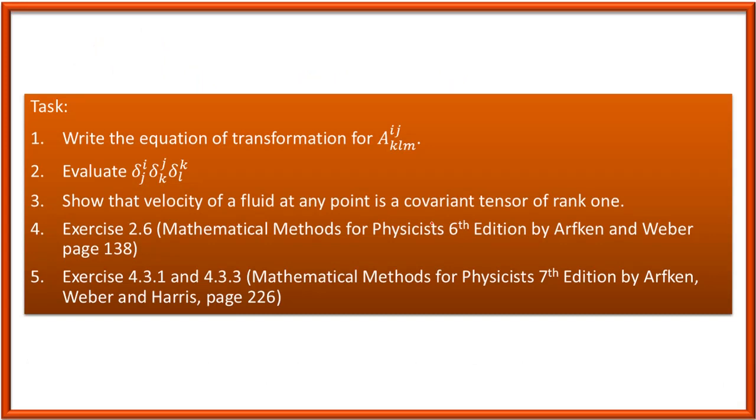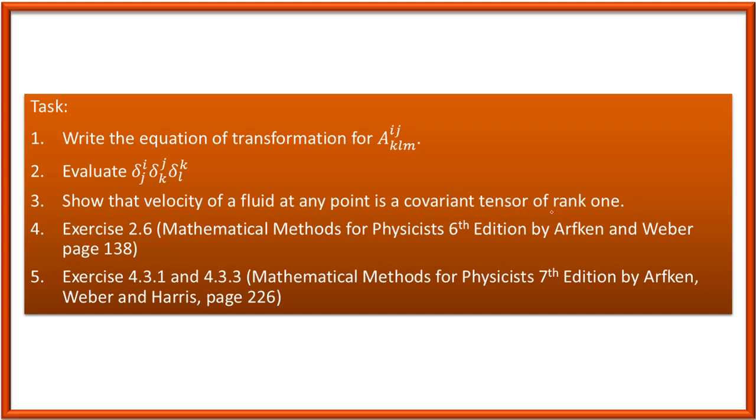Now for your practice, please try the following equations. Write the transformation of this given tensor. This is a mixed tensor. Evaluate these delta functions. Now show that the velocity of a fluid at any point is a covariant tensor of rank 1.